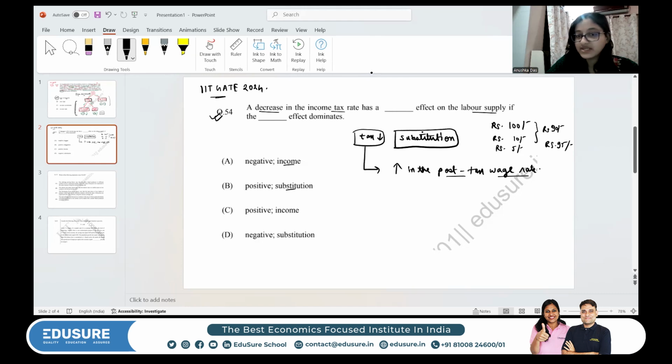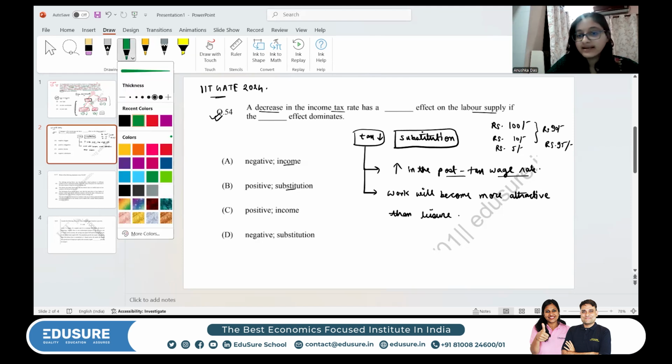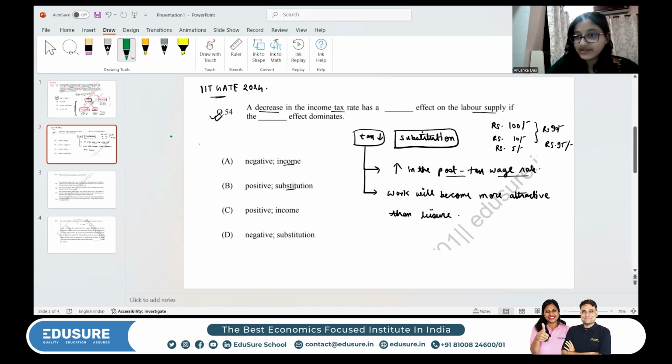Now, due to the substitution effect, the work will become more attractive than leisure. Right? So, what is the net result? If the substitution effect is dominating, then there is a positive impact on labor supply.